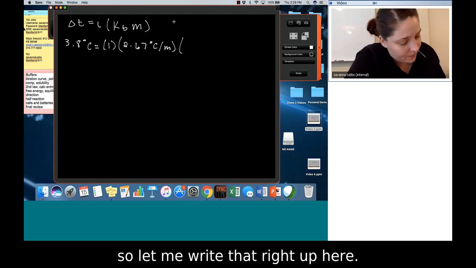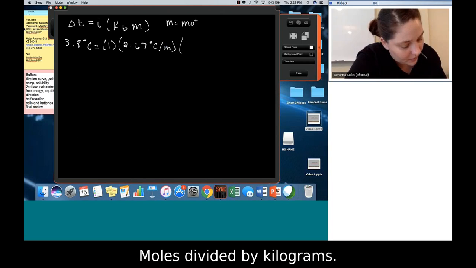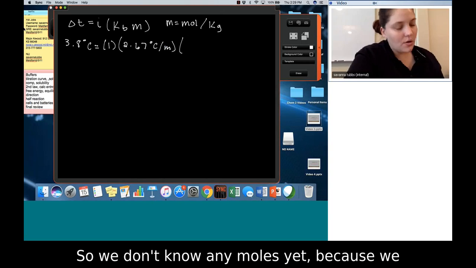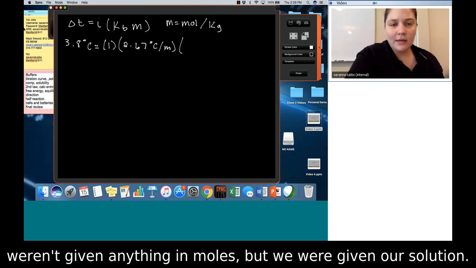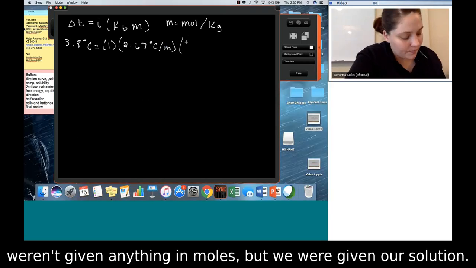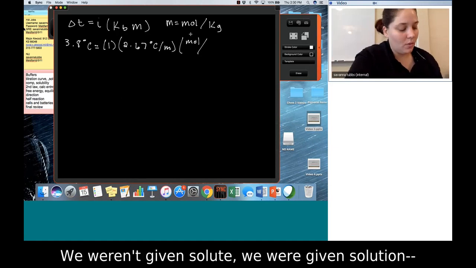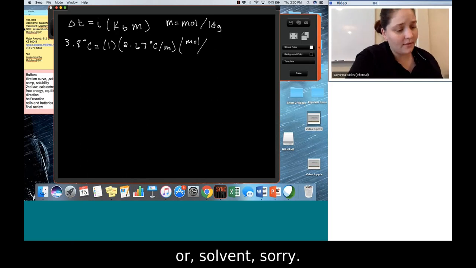So let me write that right up here. Moles divided by kilograms. We don't know any moles yet because we weren't given anything in moles, but we were given our solution. We weren't given solute, we were given solution, or solvent, sorry.